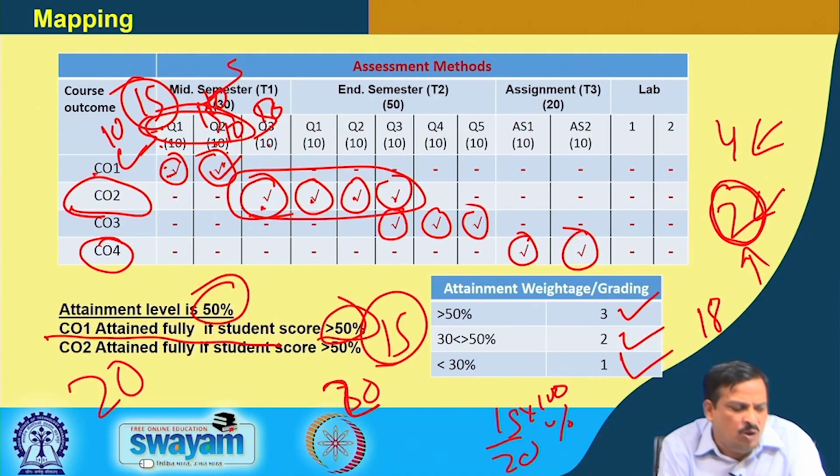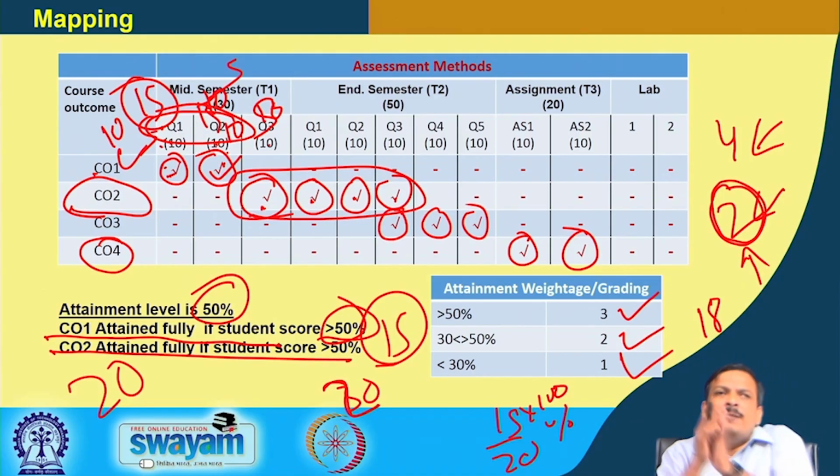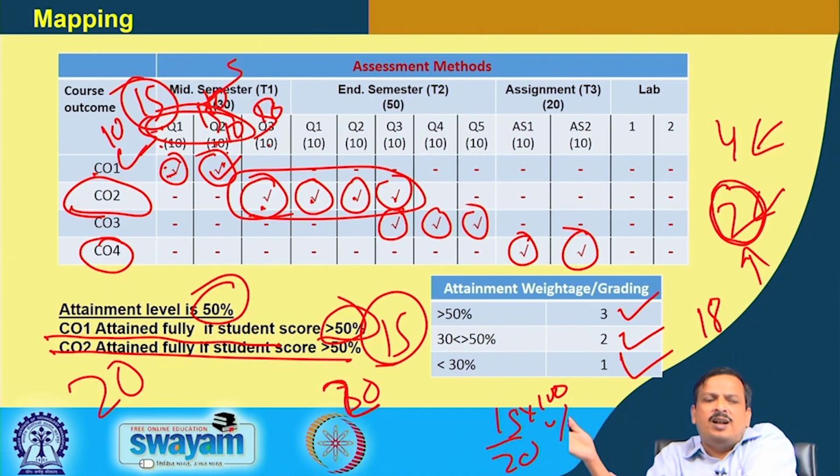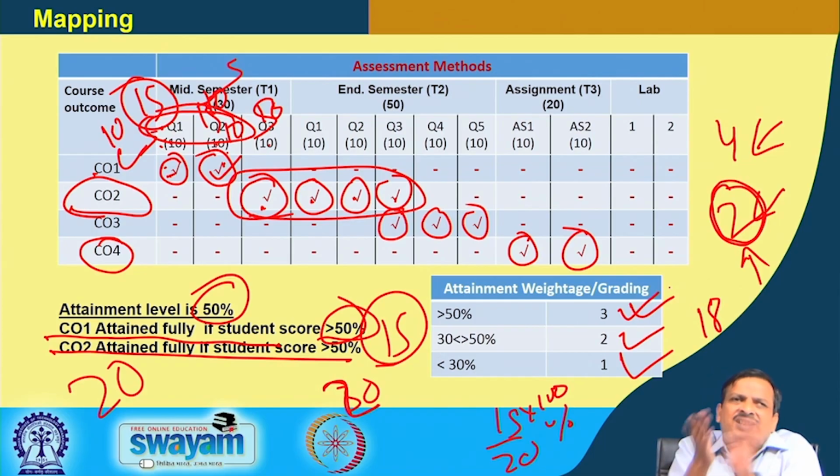So, CO2 is fully attained if he scored 20, that is 50% marks. If he got above 50%, I can say 3. If you design such that the minimum attainment required is 70% marks, then if a student got above 70% marks, he attained the course goal. If between 50 and 70%, partially attained, below 50% you can say poorly attained. So, you have to define your weight.